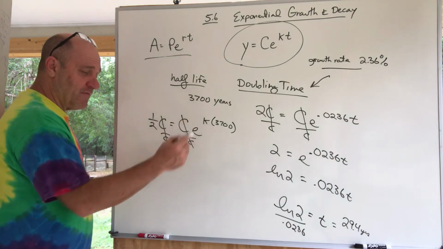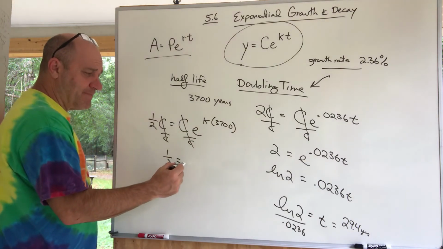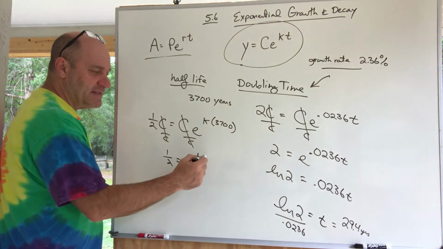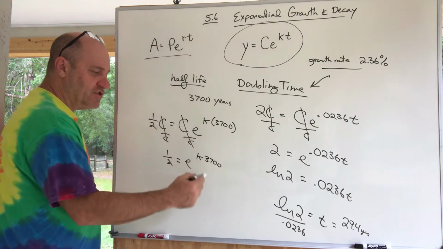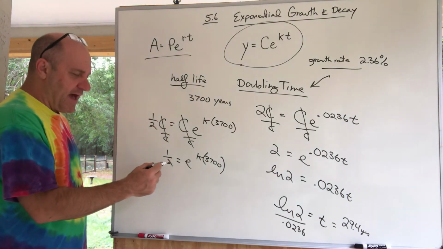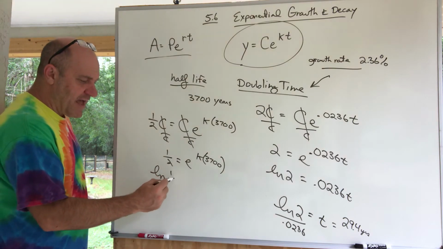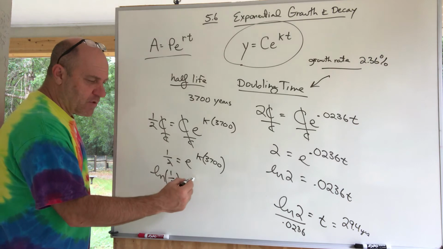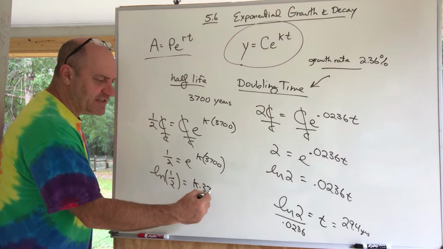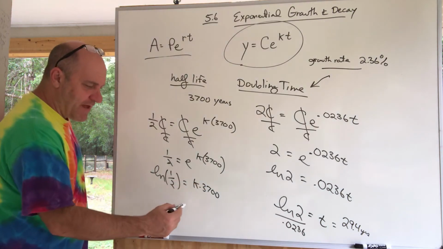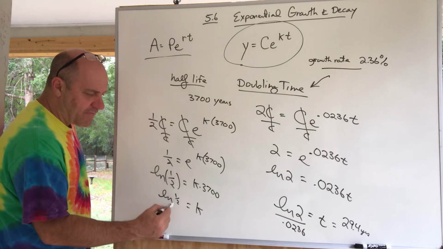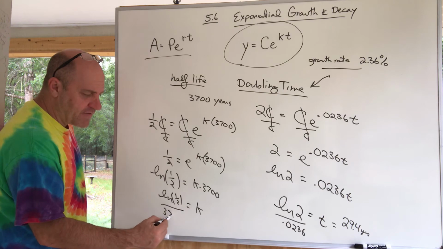And this time I'm looking for K. This time they gave me the time. I'm looking for the growth rate, or I'm sorry, in this case it'll be a decay rate. It should come out negative. Let's see. I'll take the natural log of both sides, the natural log of a half. When I take the natural log of this e, it will cancel. I'll have K times 3,700. When I divide by 3,700, there's K. The natural log of a half divided by 3,700.